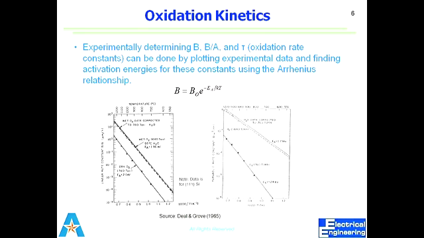EA is the activation energy, and B naught would also be given at some specific temperature, and similarly EA, the activation energy, should be given. The activation energy at different temperature and at different orientation, depending upon whether you are using 111 or 100, would be different.